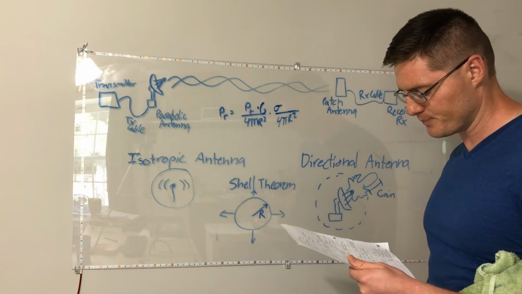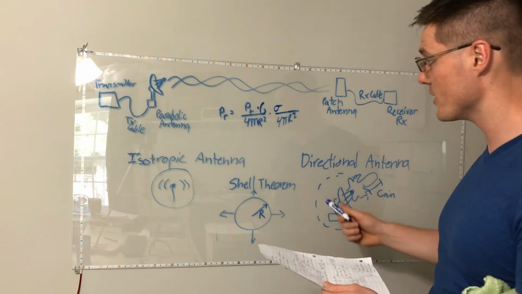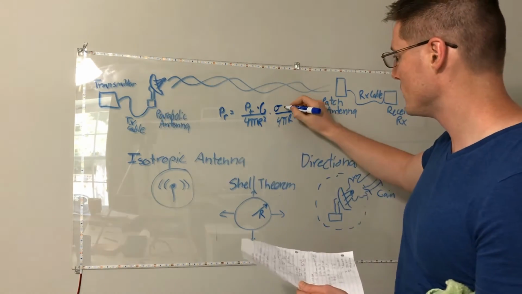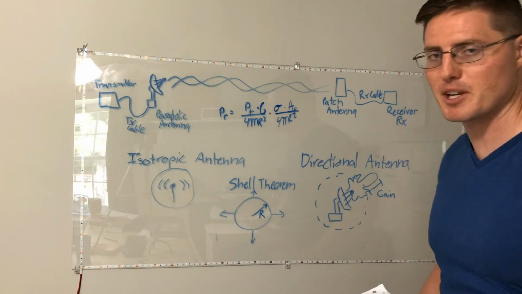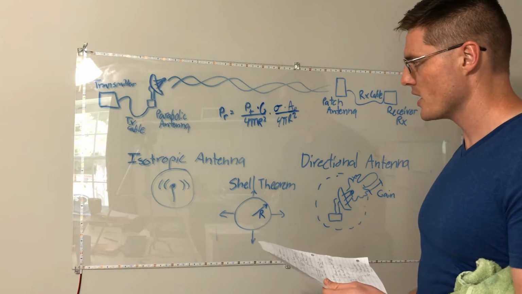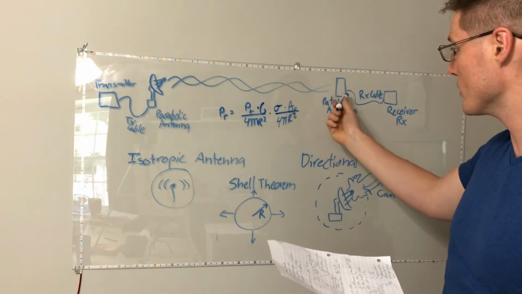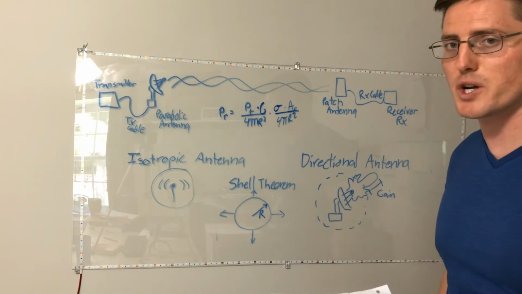And after that, you have to also be concerned with the area on your original transmitter, and we'll go through what that means later. That's just going to be the power received back from your patch antenna based on the parabolic antenna's original transmit.